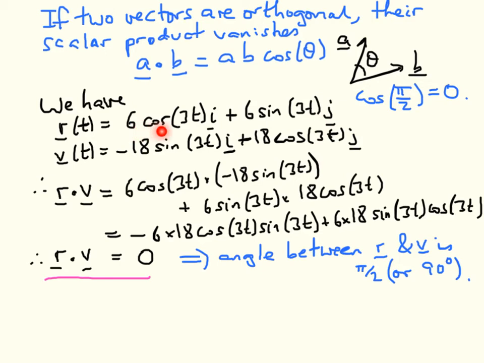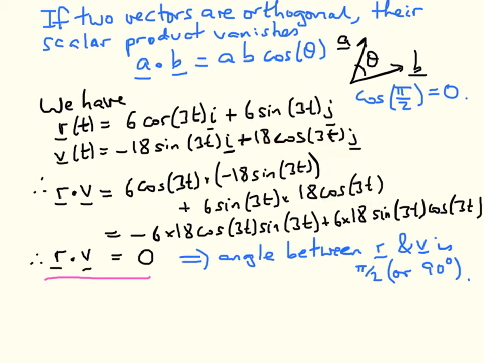So here we have 6 cos 3t multiplied by minus, so I'm going to put brackets around it, 18 times sine of 3t, plus, and then the bits from the j direction are 6 sine 3t multiplied by 18 cos of 3t.